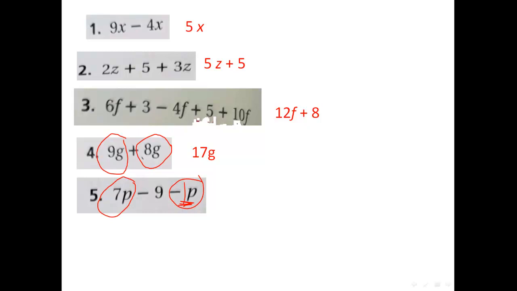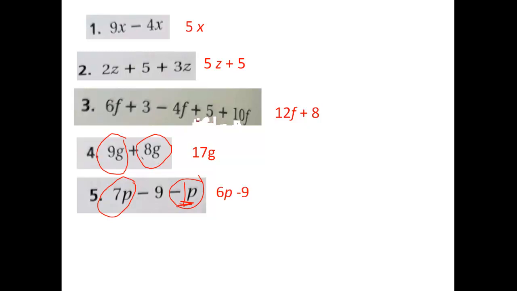We don't write the 1. So 7 minus 1 will be 6p. And we have negative 9. It will stay the same because there are no other like terms for the 9. So the result will be 6p minus 9.